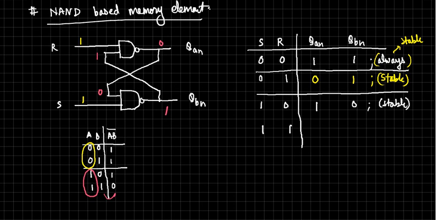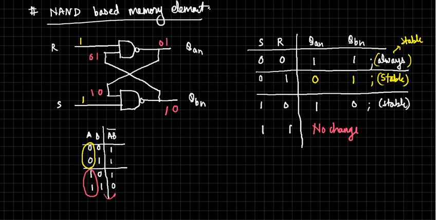So if QA and QB are different, those states will be retained. There will be no change if QA and QB are different. So let me write that: no change.